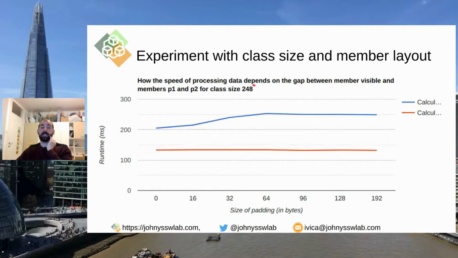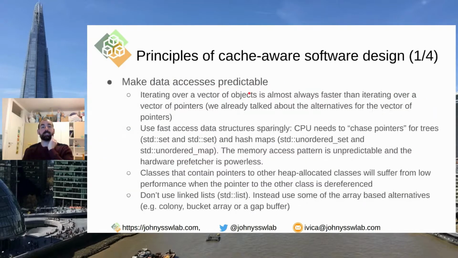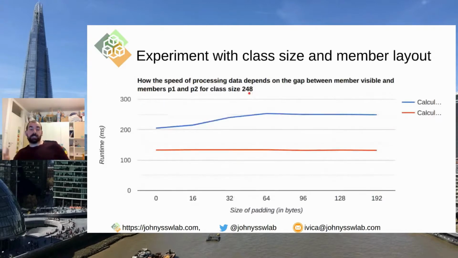This is when the class size is fixed at 248 bytes. So as you could see, this is the measurement I did earlier. It is important to have small classes, and it is important to organize data members in those classes so that the data members you're accessing together are declared close to one another in the class declaration. Okay, any questions?